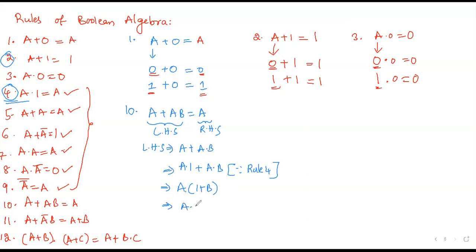So A into 1, from rule 2. Next, A into 1, again rule number 4, is A. Now we got the RHS. A plus AB is equal to A.